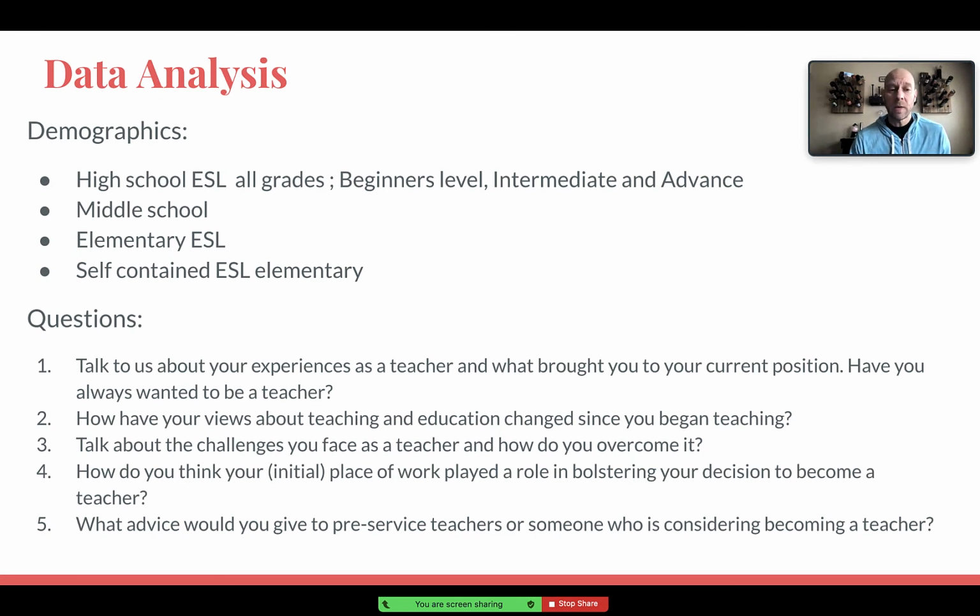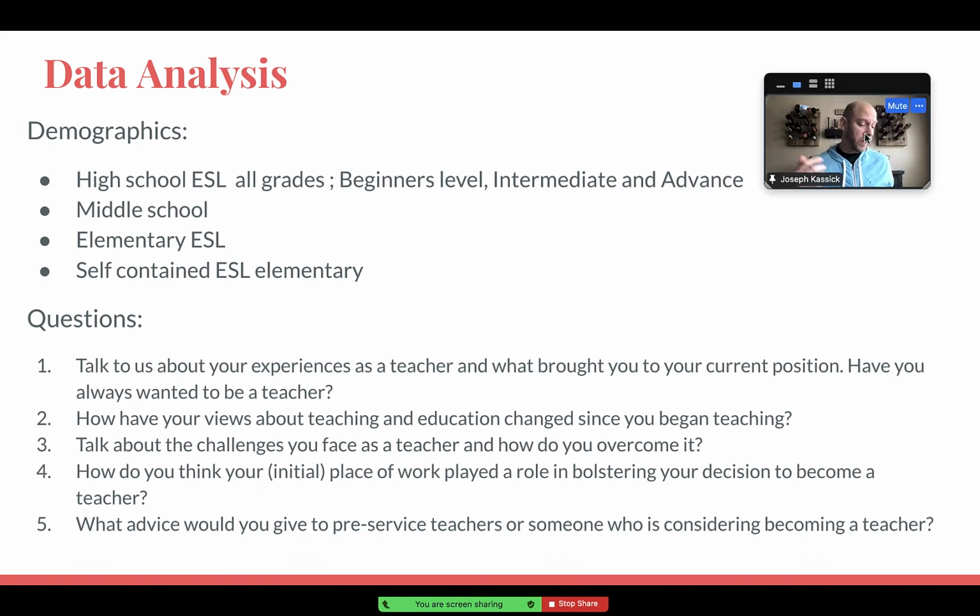You can see the questions that we had asked, talking about experiences as a teacher, what brought them to their current position, how their views have changed, talking about challenges, and thinking about how they may have had a prior career and how it influenced them in their choice to become a teacher, as well as advice to pre-service or possible people who may be considering becoming a teacher.